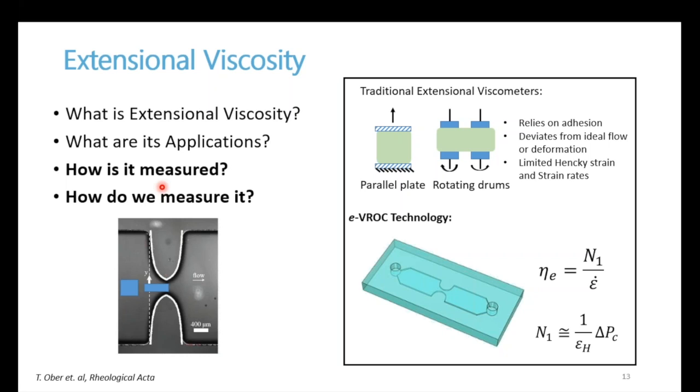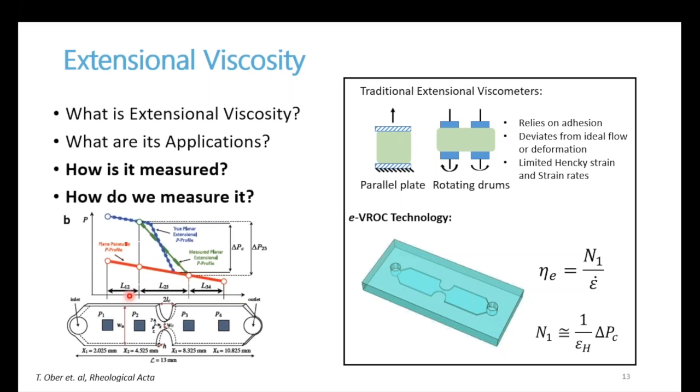So now how do we measure it? The idea is very simple, very similar to VROC technology. We call it EVROC, and we modify our microfluidic channel to have a constriction in the center, in this case a hyperbolic shape constriction. So as you're pushing the fluid through, and it has to go through the constriction, it's basically going to get stretched.